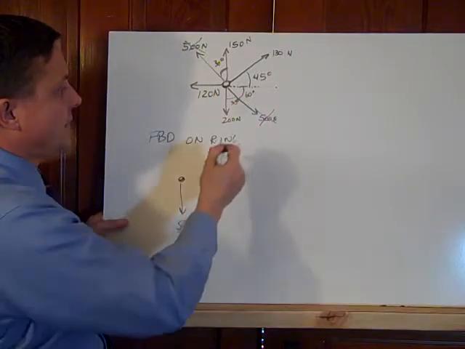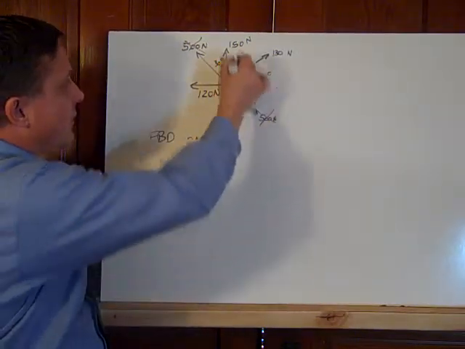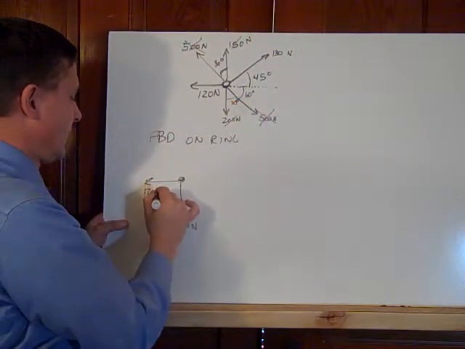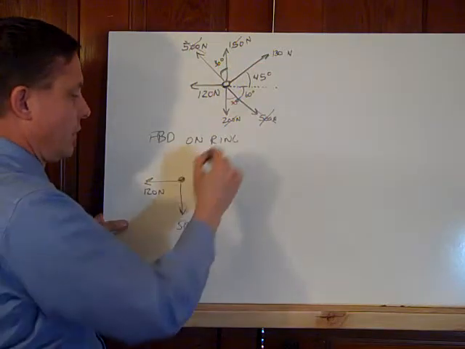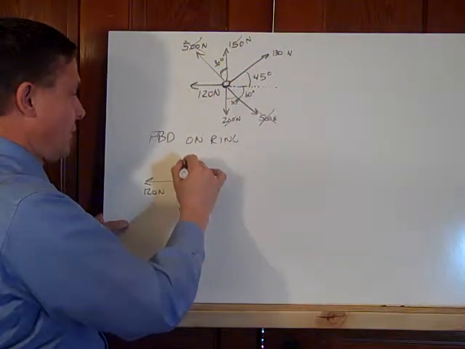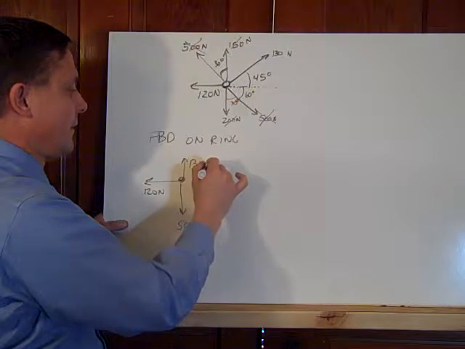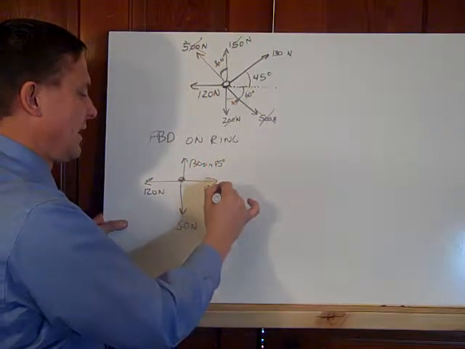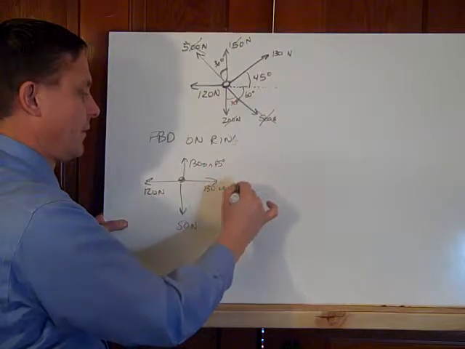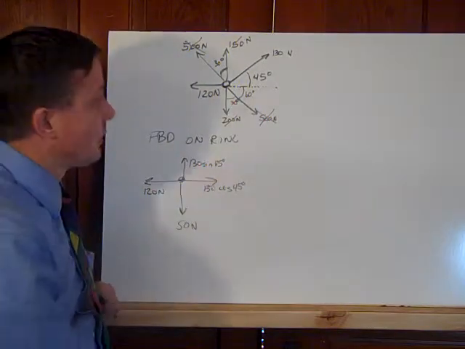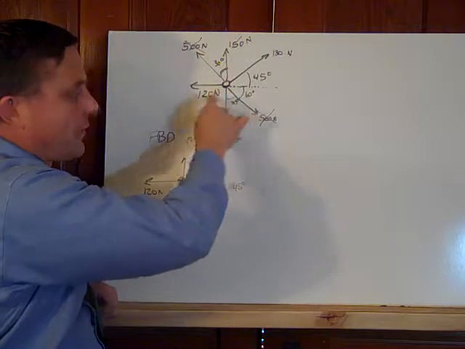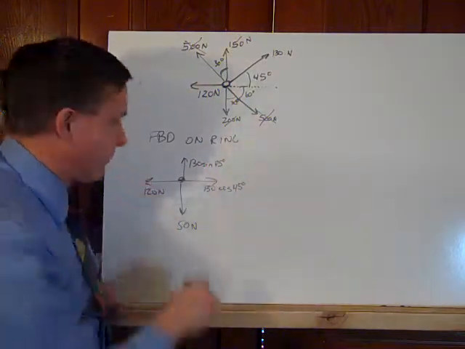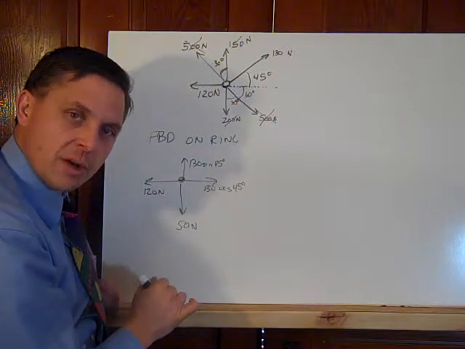I still have the 120 this way, and then two forces here: the 130 sine 45, the vertical portion, and the 130 cosine 45, the horizontal portion. So I started with six forces, but I only had to translate three of them and break one of them into the x and y components.